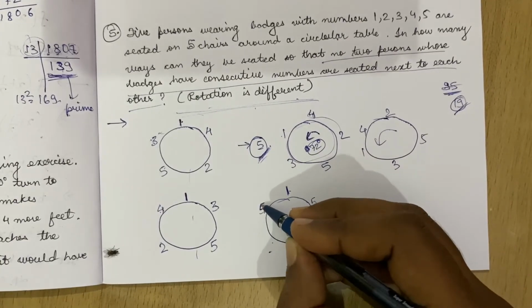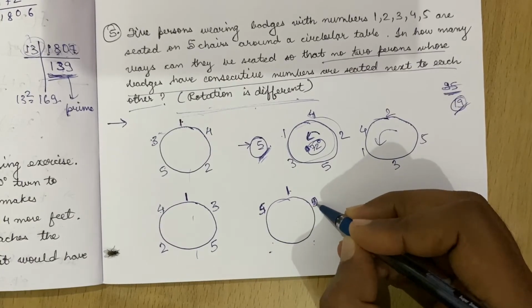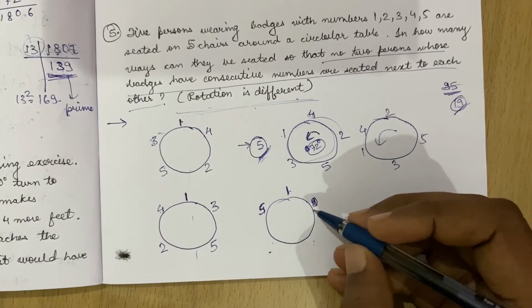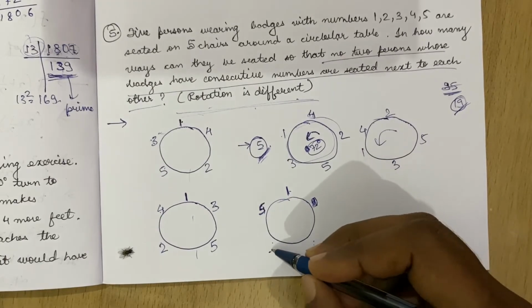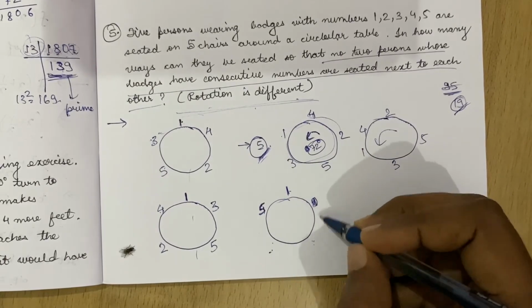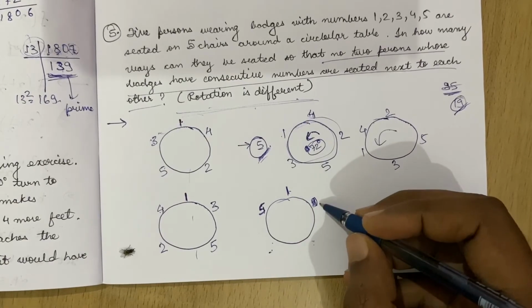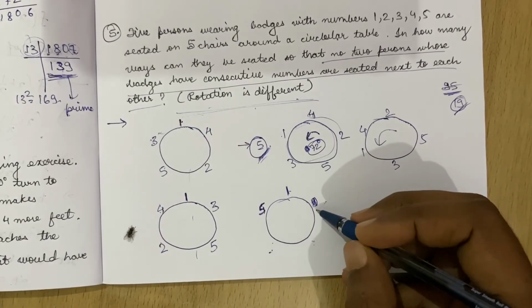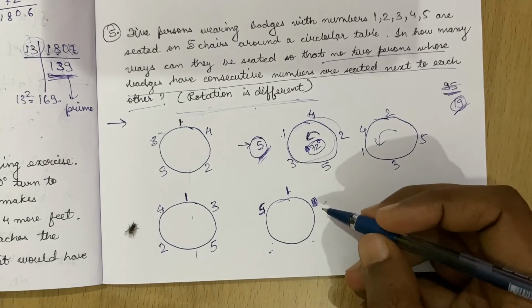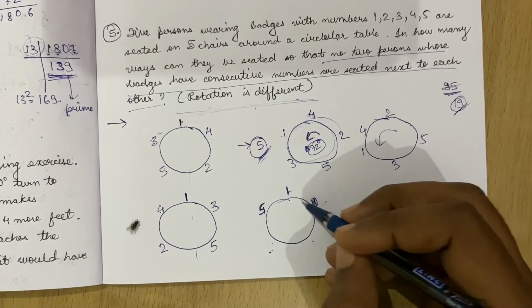If I set 5 here, then since 2, 3 and 4 are all consecutive, either one of them would be next to each other. So this arrangement is not possible.